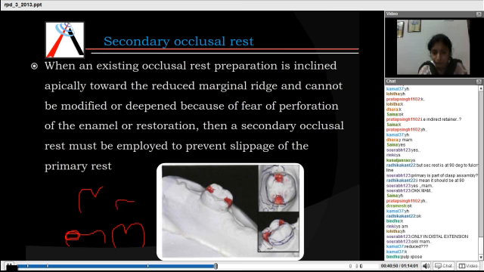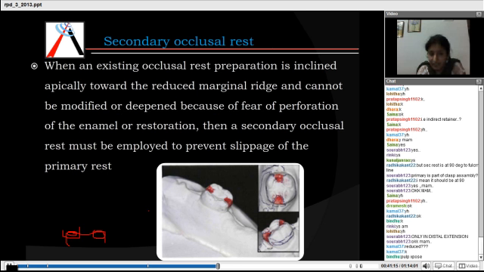When you have a tooth which is like this, you give a small rest over here and you give an additional rest on the other side, because this rest will not serve the entire purpose. It is not up to that mark. It is a very minimal shallow area created.